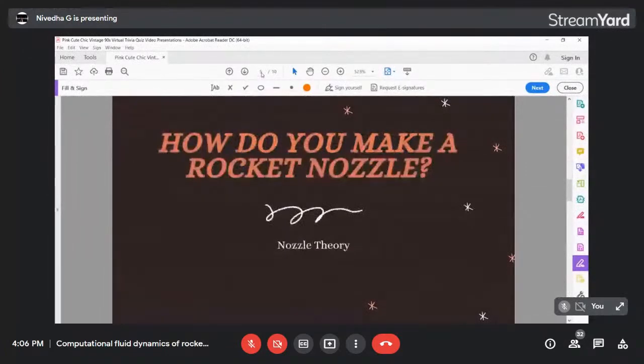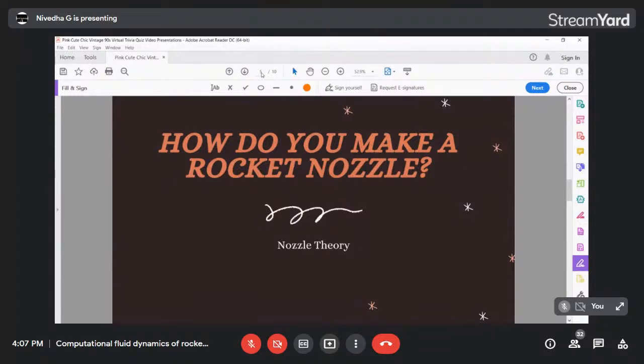So how do you make a rocket nozzle? Now I guess this is interesting. We make a rocket nozzle starting from the nozzle theory. Your nozzle theory is just how a nozzle works and where you start designing a nozzle. And why do we need a nozzle design?